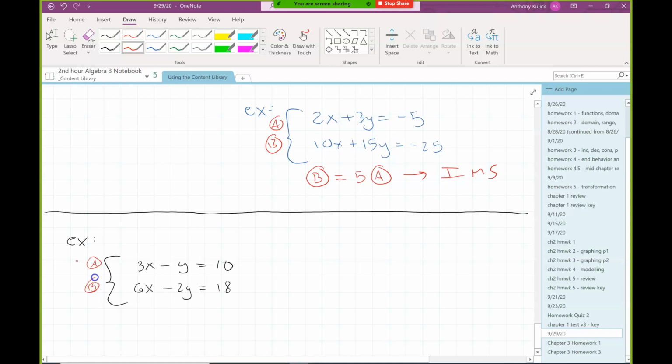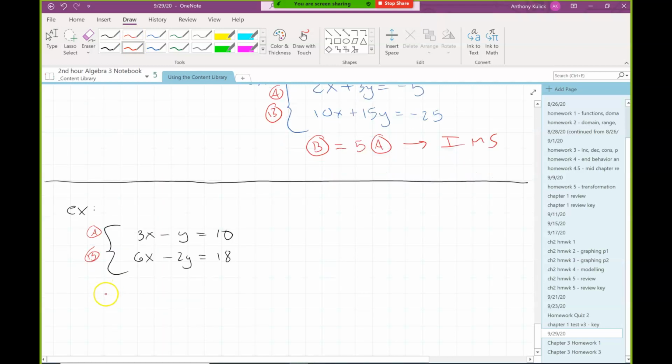Let's say we had tried using substitution, and let's say we tried to isolate the y from equation A. And then we divide by the -1. So there's my value for y.